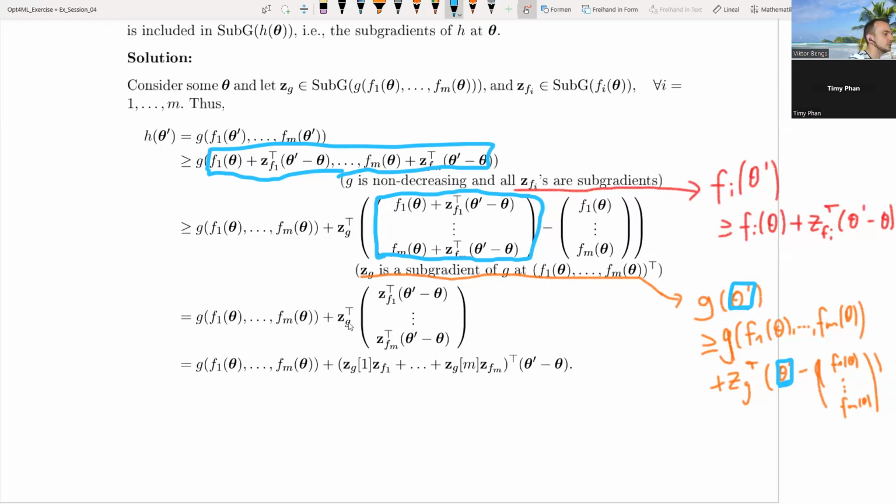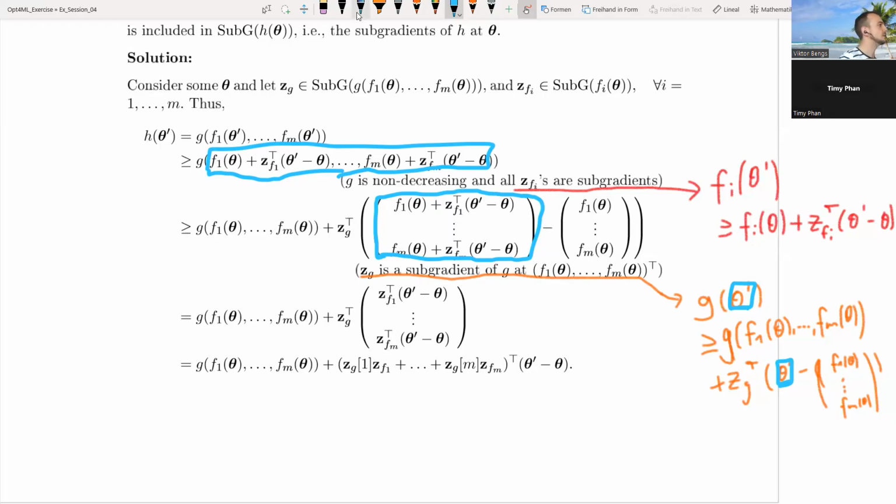What we could do is write it in the following way. When we do this inner product computation, we multiply the first component with this component, the second component of zg with the second component here, and so on. And we can conveniently write this like this.